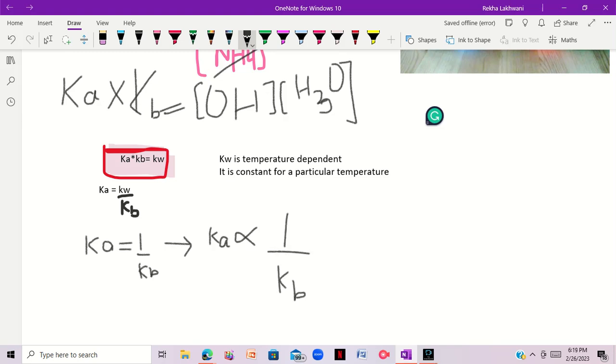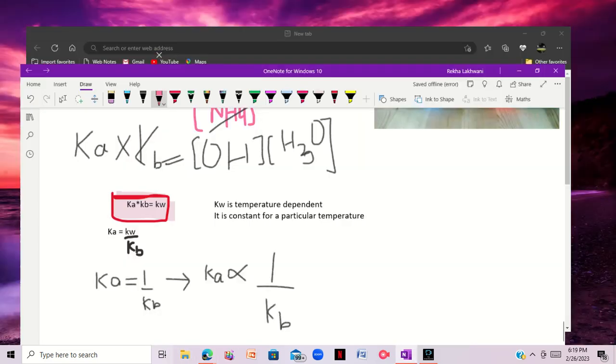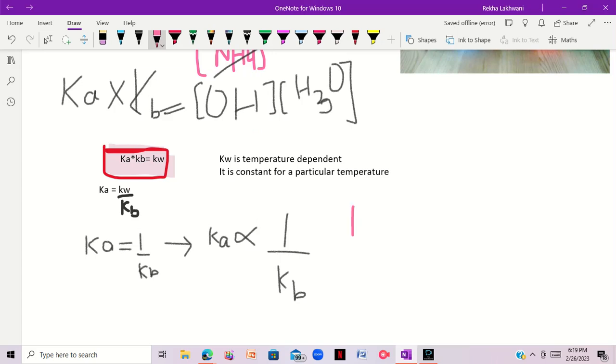So it means that Ka and Kb are both inversely proportional to each other. Whenever the Ka value is increased, the Kb value will be decreased, the conjugate base value will be decreased.